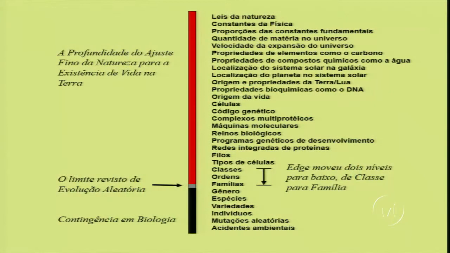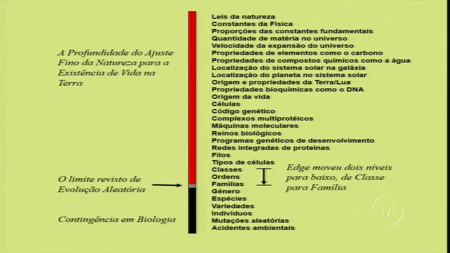Okay, so the long and the short of it is that the edge of evolution I now estimate to be at the level of families. Families, there is much less certainty. It's gone down from here.